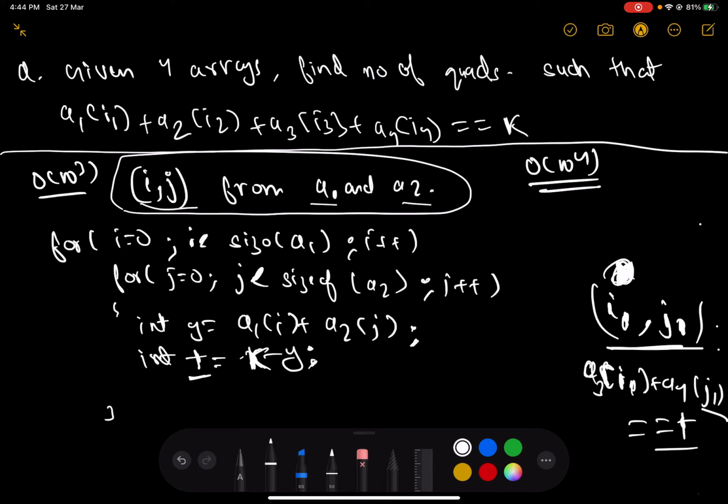So we need to find the number of such pairs I1, J1 such that A3[I1] plus A4[J1] is equal to t. Now this is a very standard problem solved using two pointers.